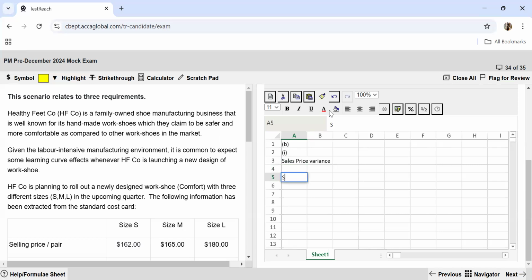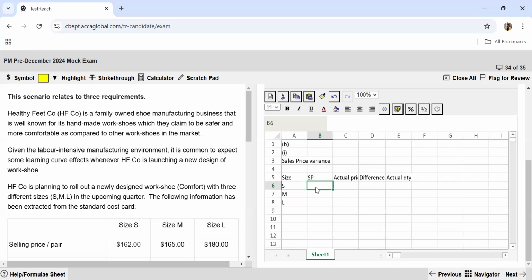So we are going to create it for all 3 sizes separately: small, medium, and large. In the first column, we are going to see how much should have been the standard price, how much was my actual price, and that difference will then be multiplied with the actual quantity. How much have I sold in real?